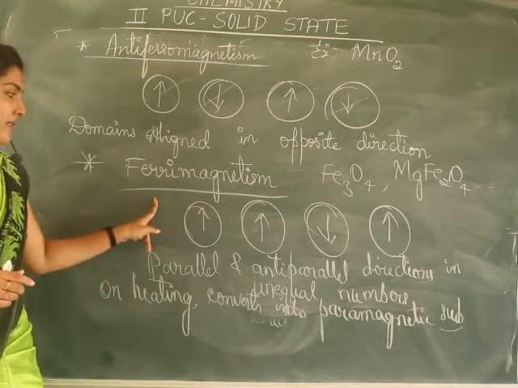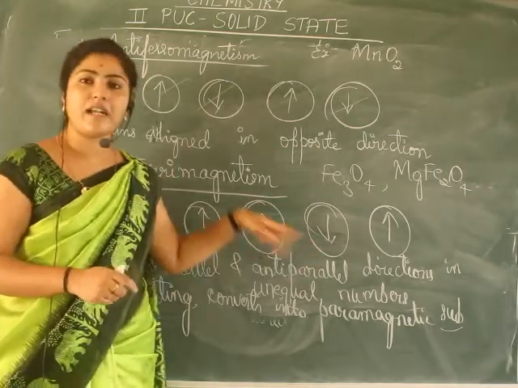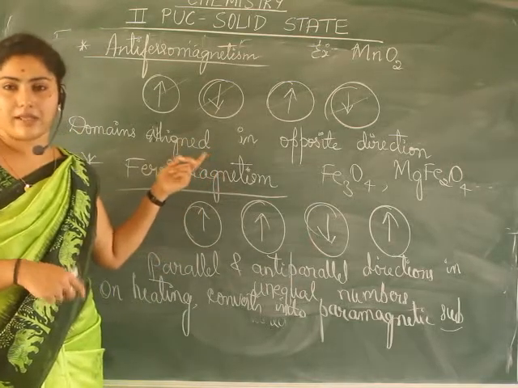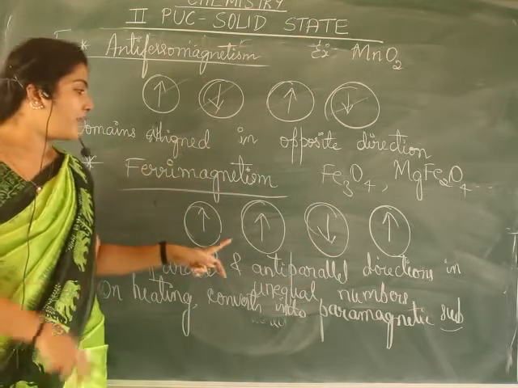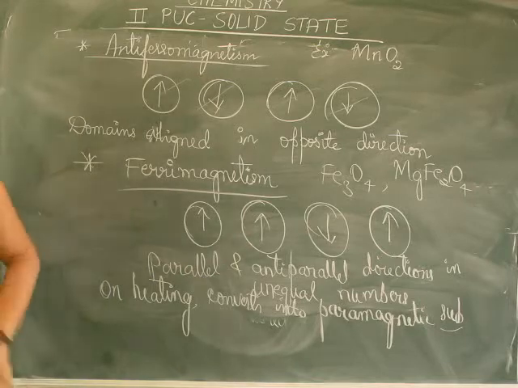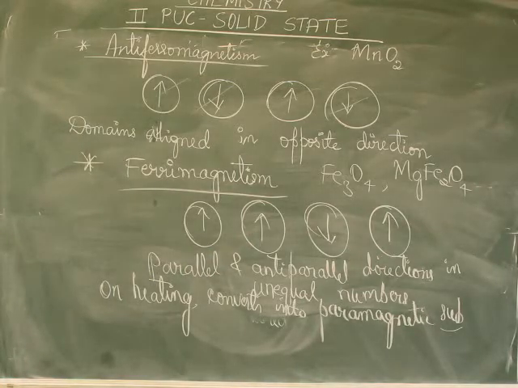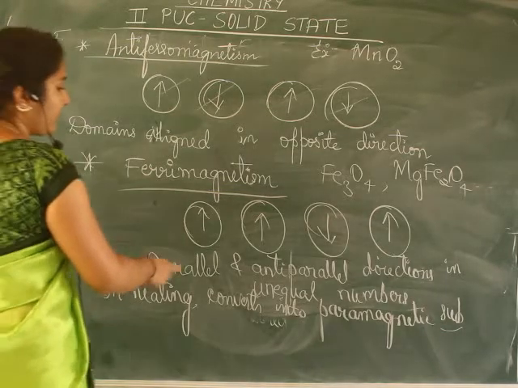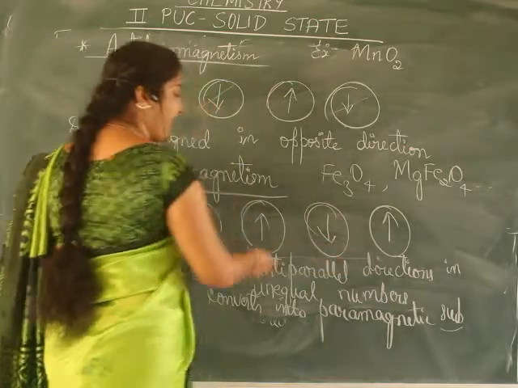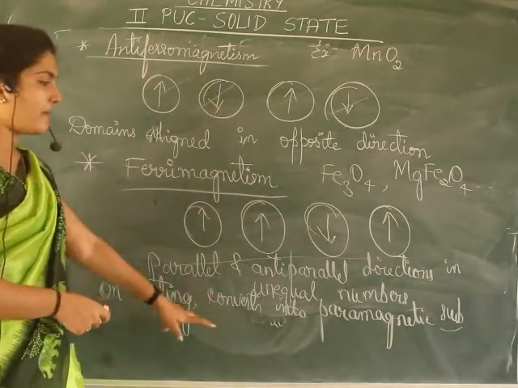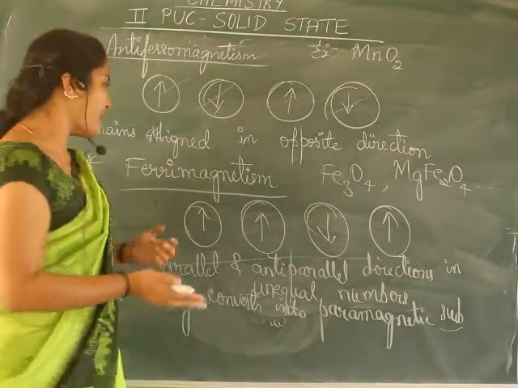Whereas in ferrimagnetism, the domains are similar to the other ones, but here the domains are in unequal numbers. Since they are in unequal numbers, on heating, they can be converted into paramagnetic substances also.